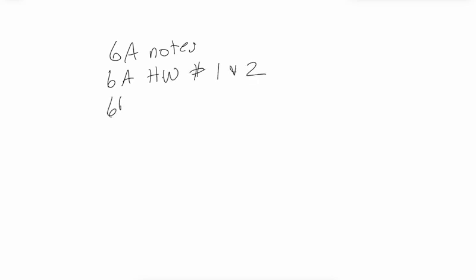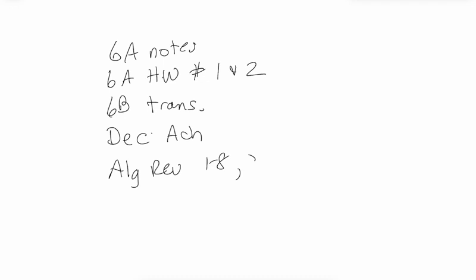You should have the 6B transformations. You should have the December Achieve. You should have the algebra review from Monday, which was 1 to 8. Tuesday was 9 to 12. Wednesday was 13 to 17. Today is 18 to 20.